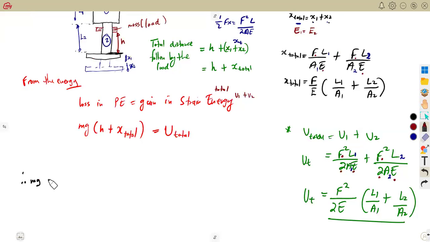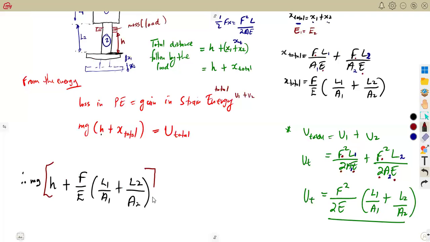So let me put it this way: mg into h plus the x total. We substitute. Remember, this is the formula for x total as it is, so that's F over E into L1 over A1 plus L2 over A2 like this. So this is what you're going to have.